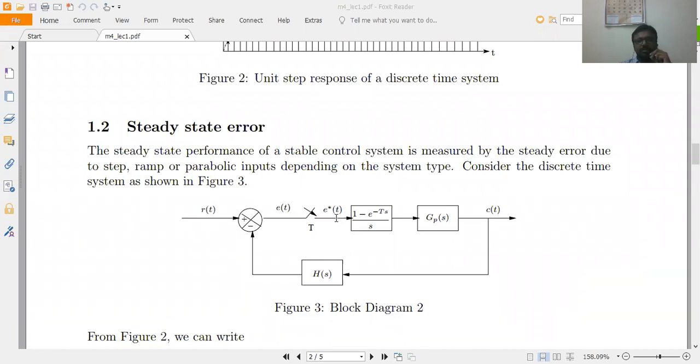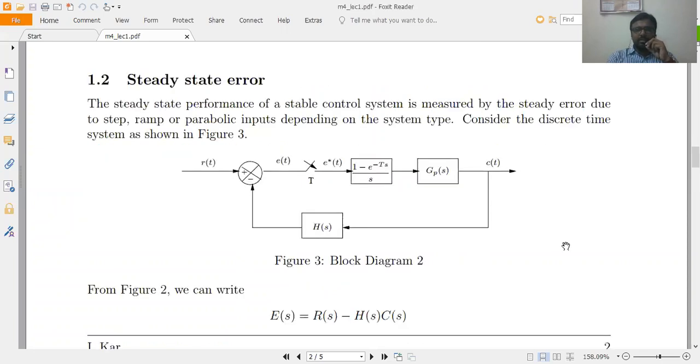This is given as an input to the hold circuit, which holds that signal for a while and gives it as an input to the plant, and the overall system, including the feedback, gives an output signal, that is C of t.